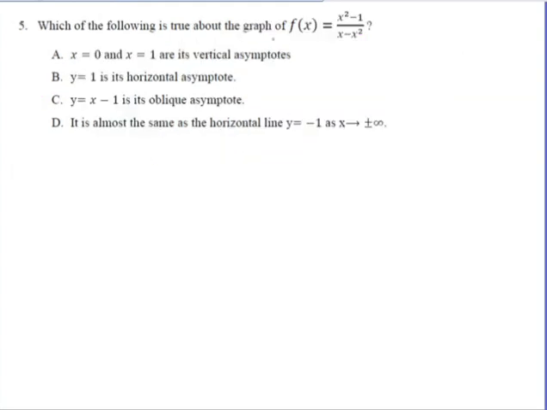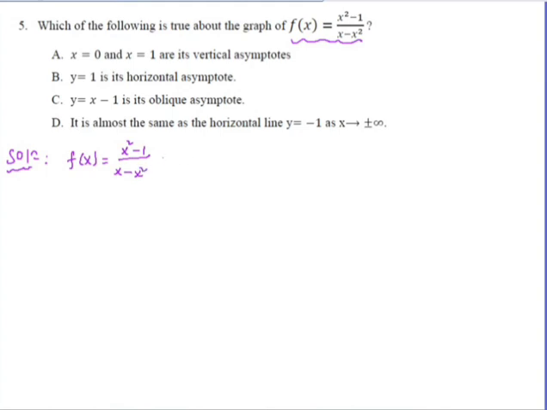Which of the following is true about the function x squared minus 1 over x minus x squared? So let us write the function in its simplified form. First, we need to put the restriction on x that makes the function undefined. The function is x squared minus 1 over x minus x squared.